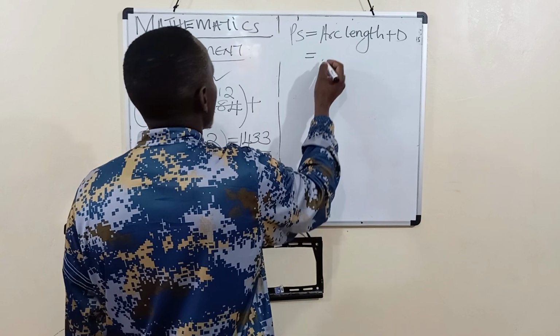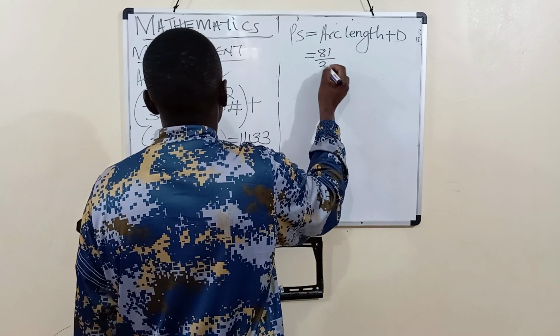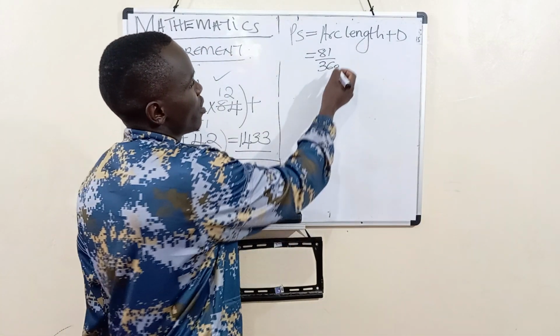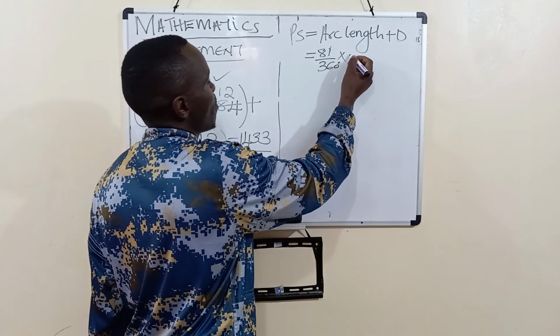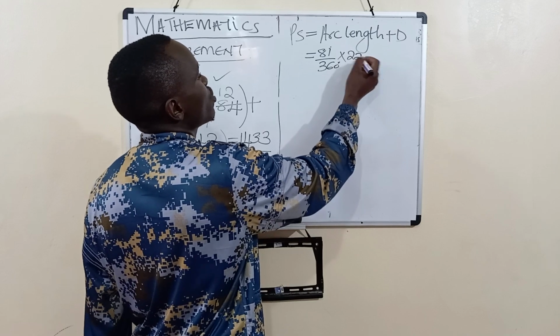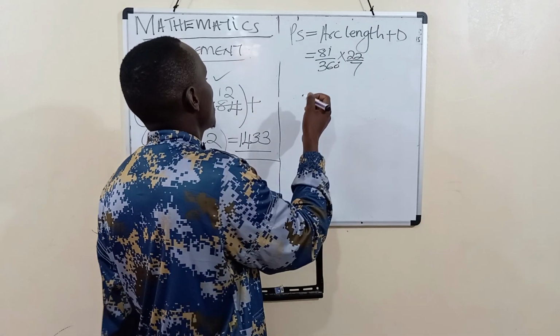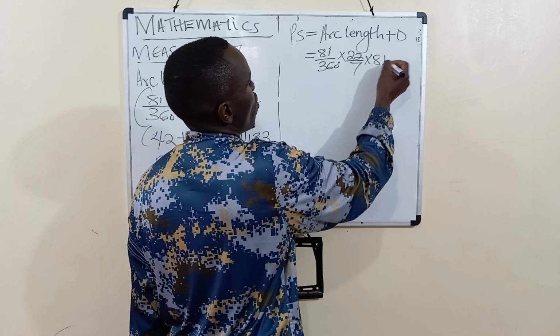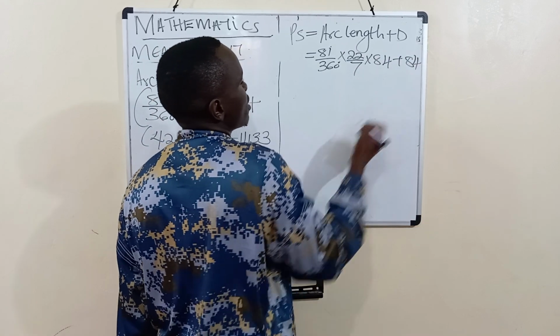Where arc length we agreed is given by 81 all over 360 degrees, multiplied by pi, 22 all over 7. Then the diameter, which is 84 plus 84.